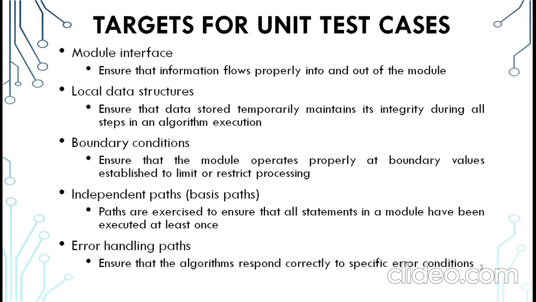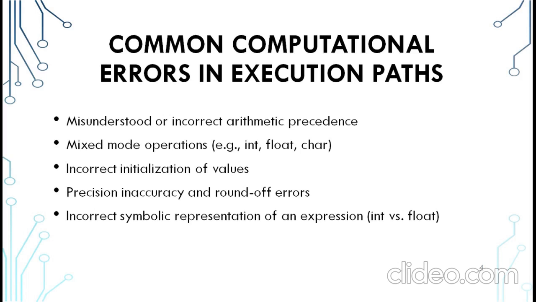Good design anticipates error conditions and establishes error handling paths to reroute or cleanly terminate processing when errors occur. Unit testing is simplified when a component with high cohesion is designed.